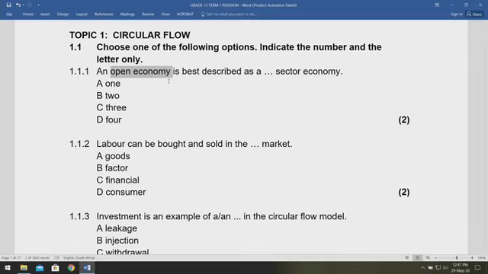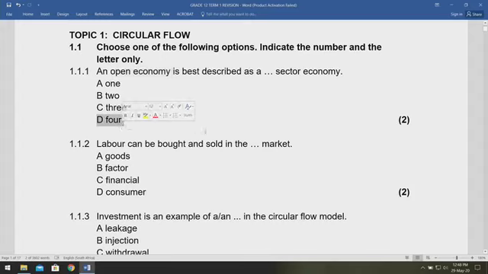When I hear the words open economy, I know that within an open economy, the role players involved are the consumers, the businesses, the government, as well as the foreign sector. It is that inclusion of the foreign sector which changes from a closed economy to an open economy. So if we look at that, we have 4 role players. Therefore, for 1.1.1, your answer would be D, which is 4.